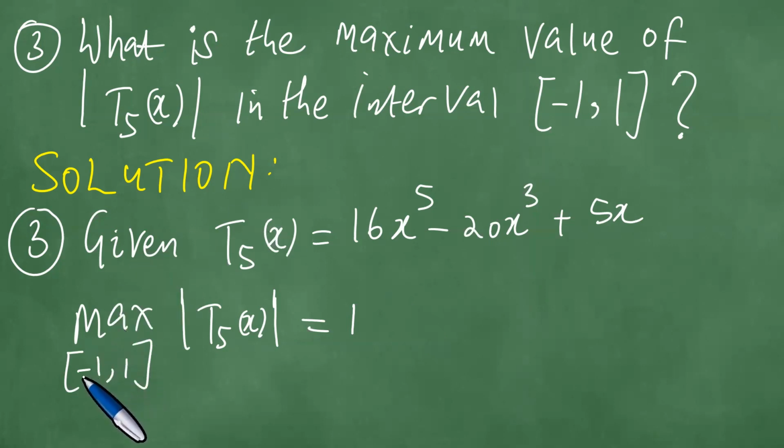Because this interval is closed, the maximum by and large often occurs at the endpoints of this closed interval. It's closed because of the square parentheses. Okay, next question.